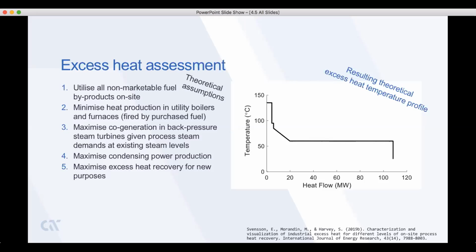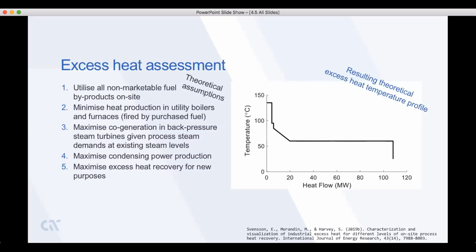By comparing the excess heat signature of an existing process to that of a potential future process, an indication of how excess heat availability may change can be obtained. It should be noted that this approach is highly theoretical. For example, ideal heat recovery is assumed without accounting for the design of the heat recovery network of the existing process.